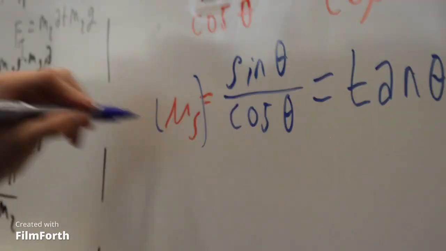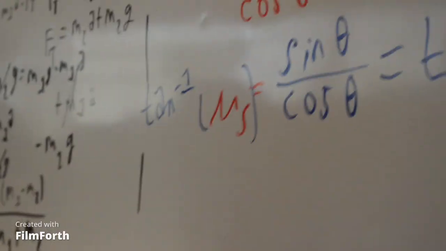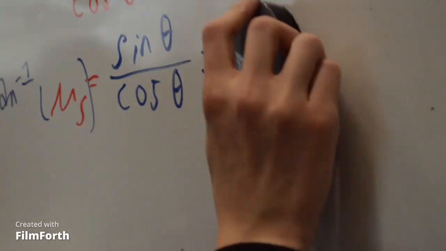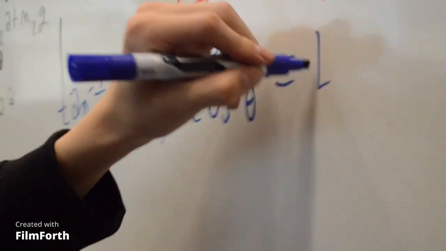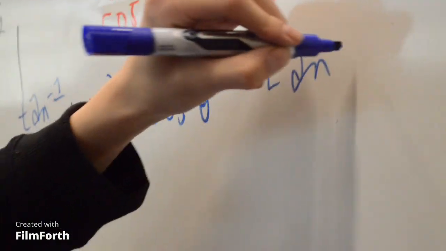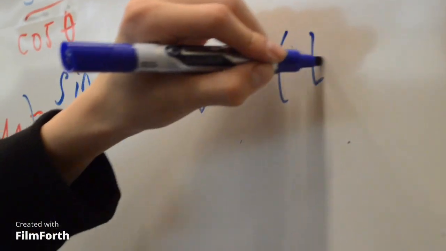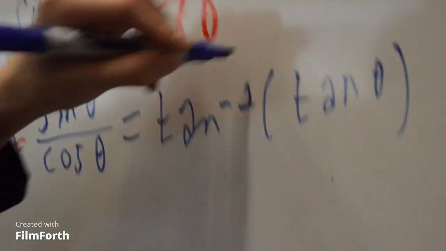Now we want to isolate for theta. Easy. Tan inverse both sides. By taking the inverse tangent of both sides, the tangents cancel out. On the right side, tan inverse of tan theta is just theta because these two are inverses of each other.